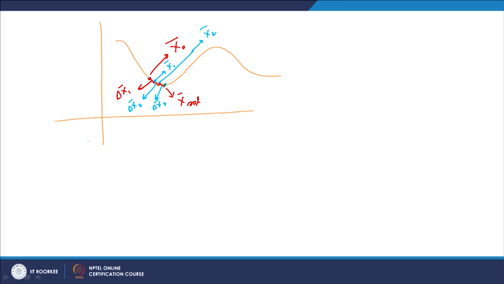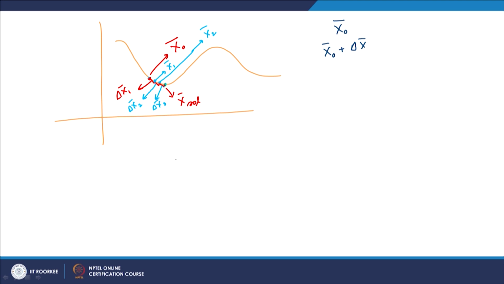Now initially when we start, we say that let my initial guess be x naught, and I assume that my actual solution is x naught plus delta x. So my task is to find this value of delta x.